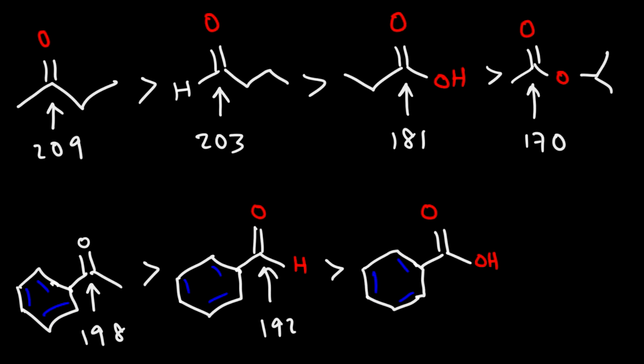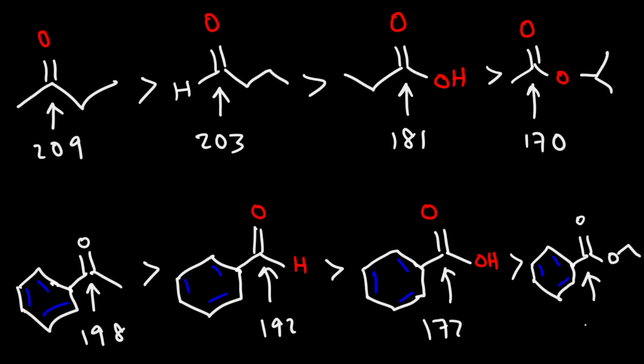And the chemical shift of the carbonyl group is 172. And the last one is going to be an ester. And I'm running out of space here. And the chemical shift for this one, it's not that low, but it's 167. So it's a little bit lower than what we see here. So if you add an electron donating group to a carbonyl group, it's expected that the chemical shift should decrease slightly.